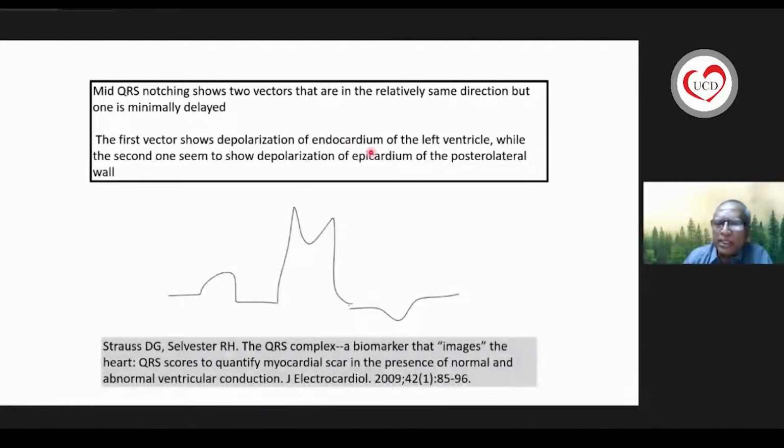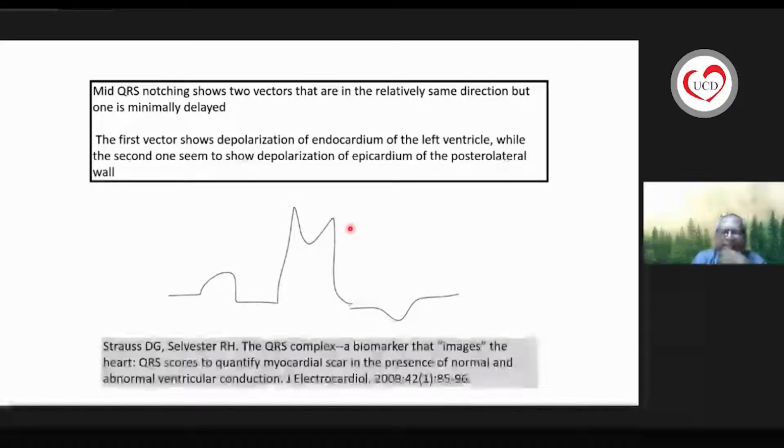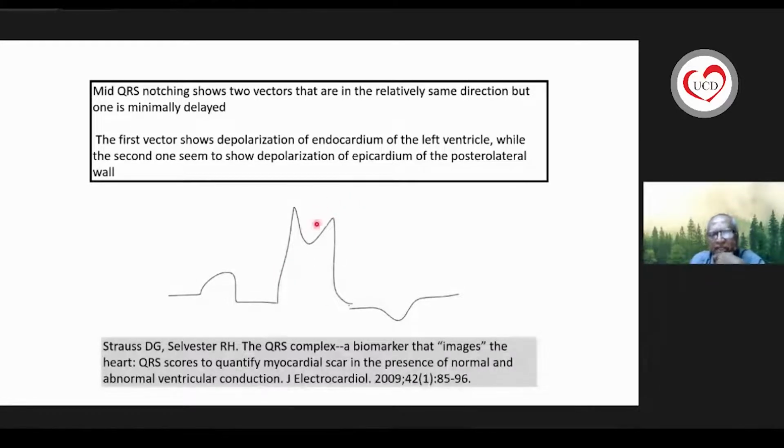The taller and the broader and more notched the second component, it suggests that it's probably better to put a left ventricular lead rather than correcting it by just fixing a lead in the left bundle itself. So the second component, the height and the width, tells you the amount of muscle that you are likely to recruit by placing an LV lead, and therefore this patient is likely to respond very well if the second component is tall and fat.